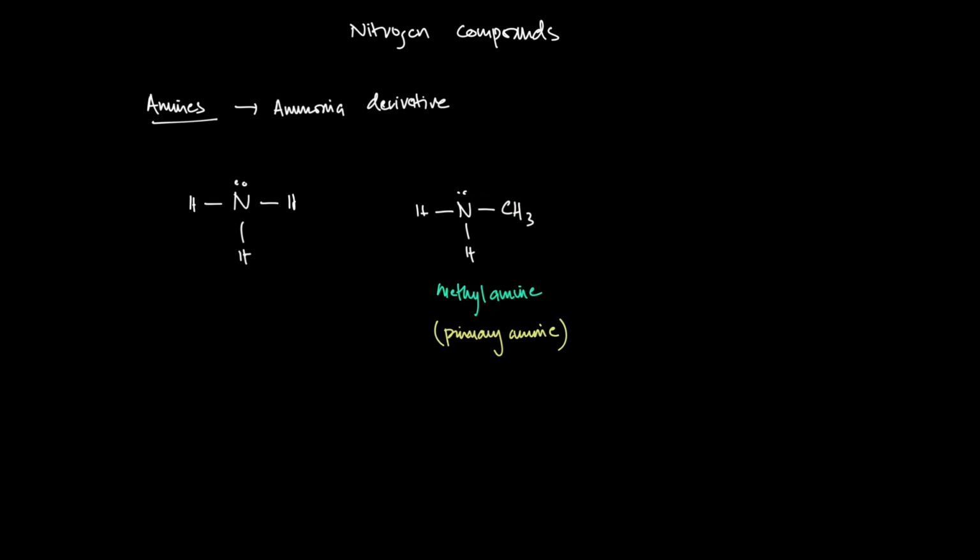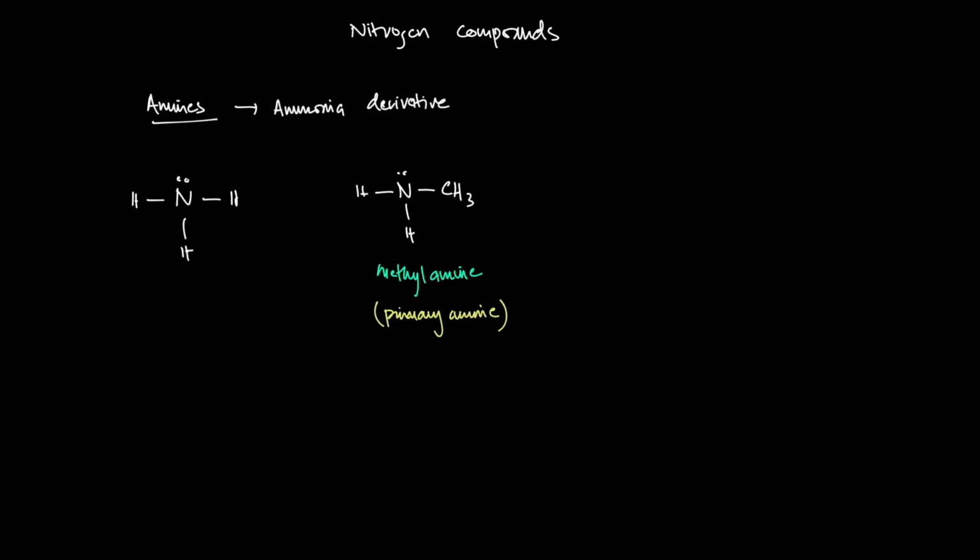If you look at another example of an amine, we have something like this. You have a CH3 and a CH3, and you have an H. Now this is dimethylamine, and dimethylamine is an example of a secondary amine.